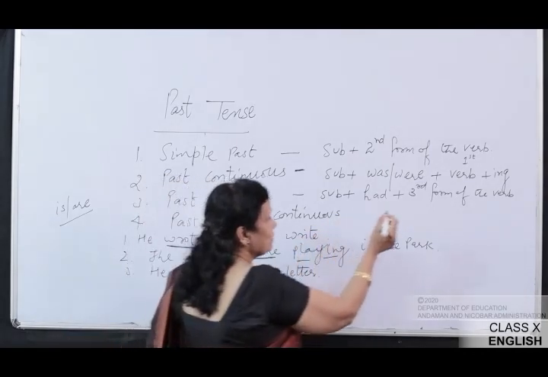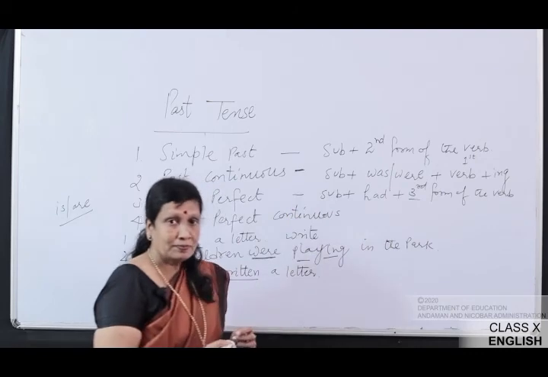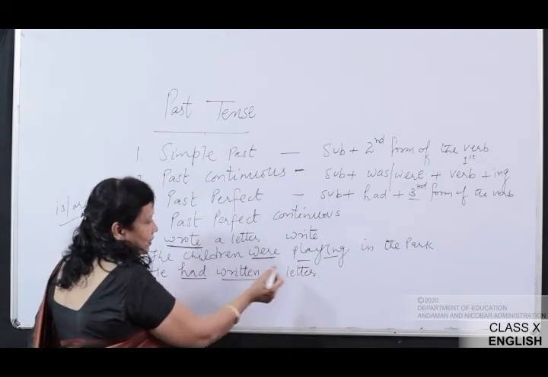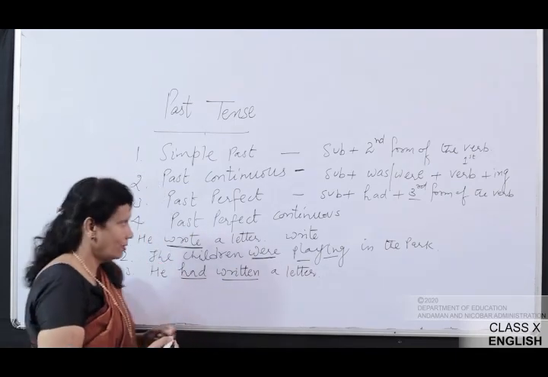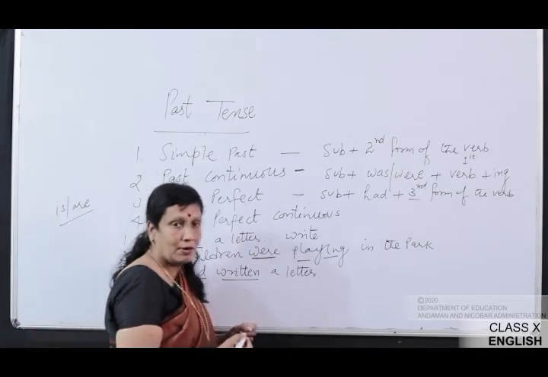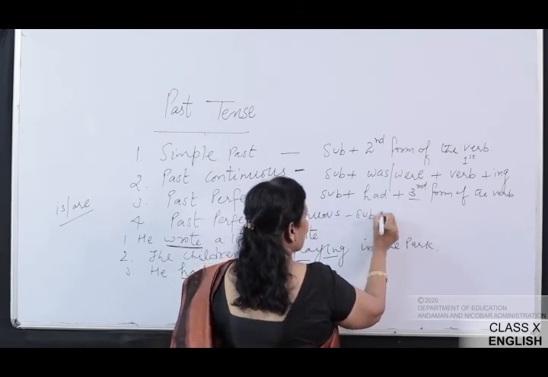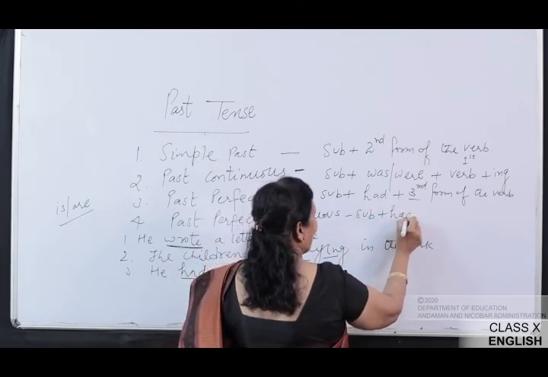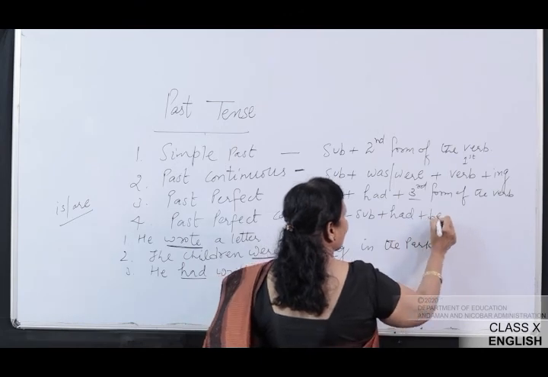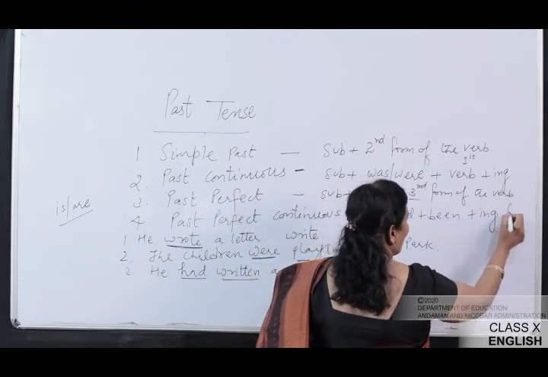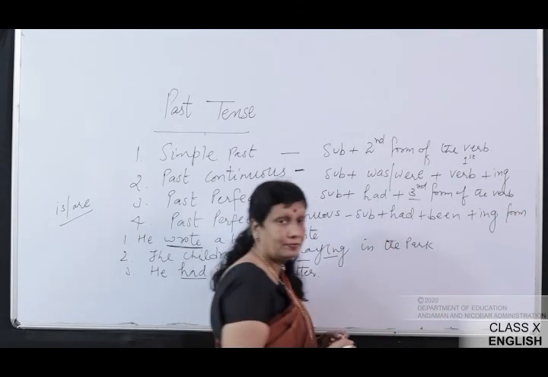So you will use the third form of the verb, like in the example here, he had written a letter. Now past perfect continuous. Here subject plus had plus been plus ing form of the verb.